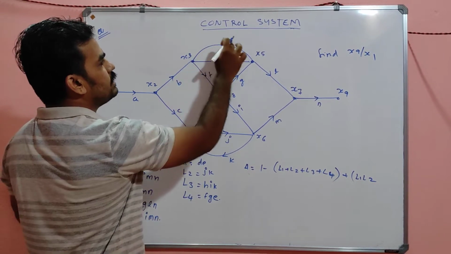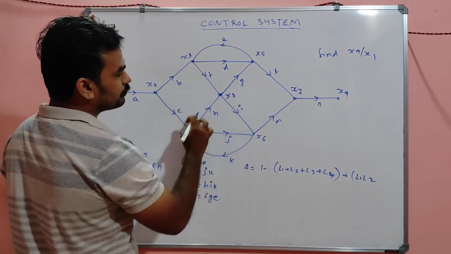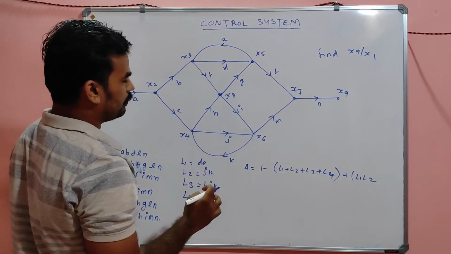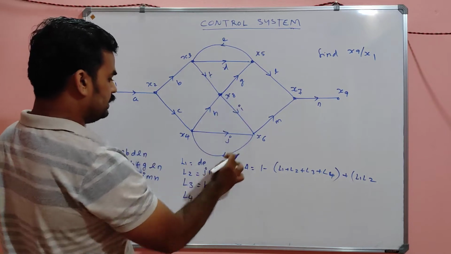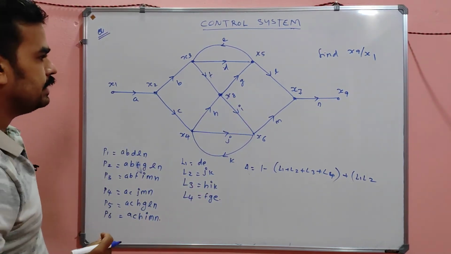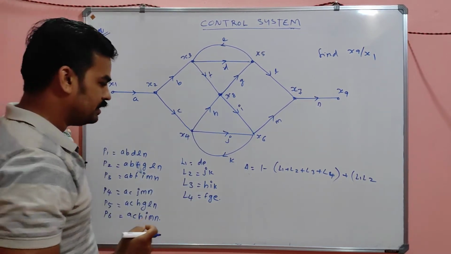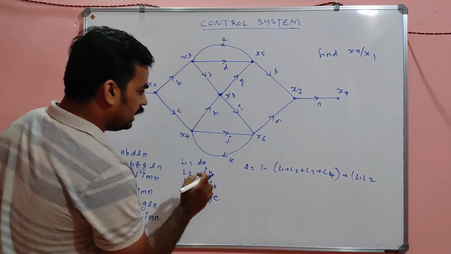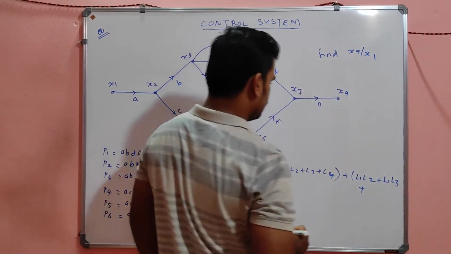L1 is just this loop and this is another loop. So L1 as well as this bigger loop, that is HIK. HIK is also a non-touching loop, right? So L1 L3 also non-touching, plus L1 L3.